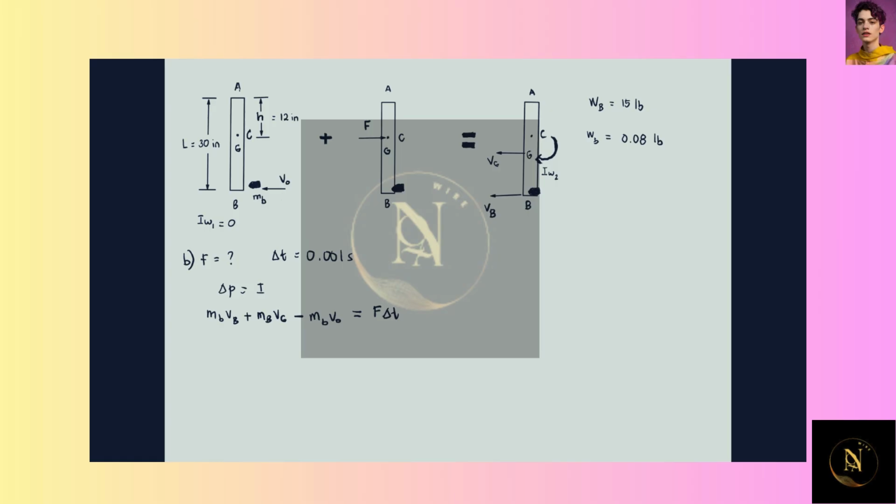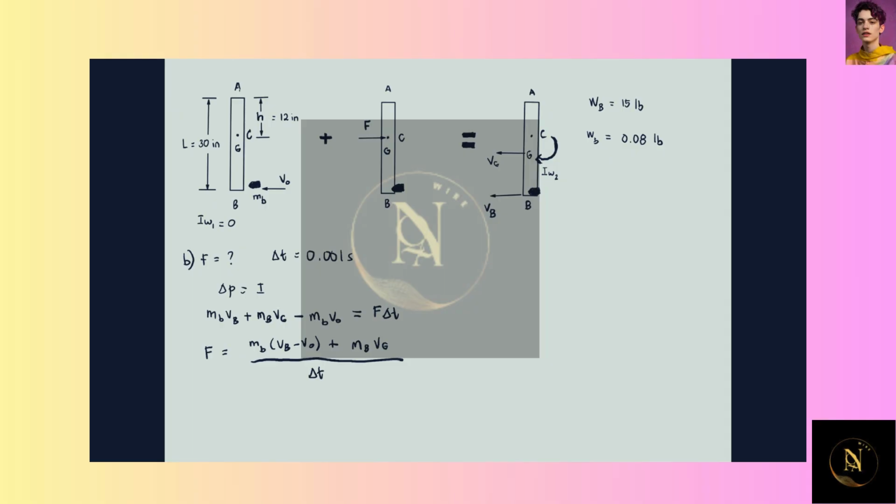Hence, the equation for F would be F equals the mass of the bullet times VB minus V sub O plus mass of the bar times VG, all over delta T.